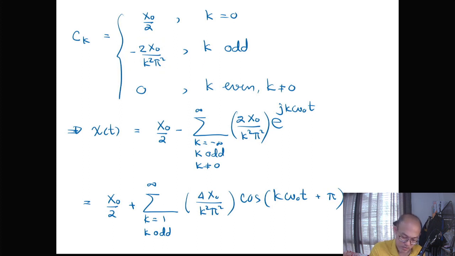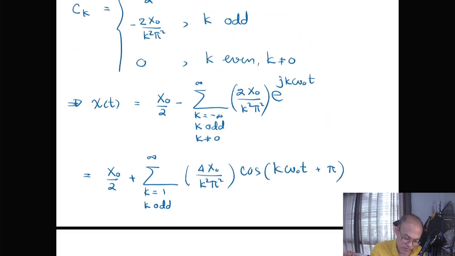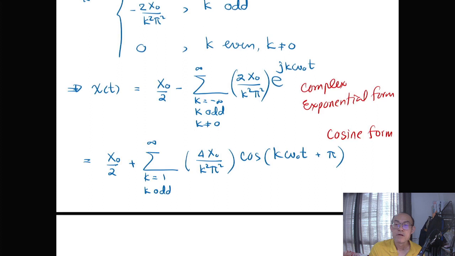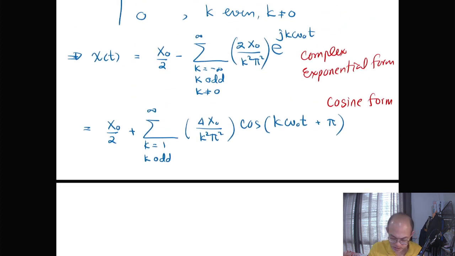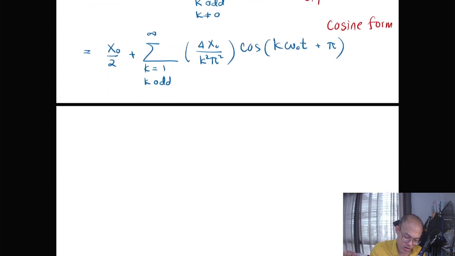Now this is the cosine form. This is the complex exponential form. Now I'm gonna plot the frequency spectrum of x.